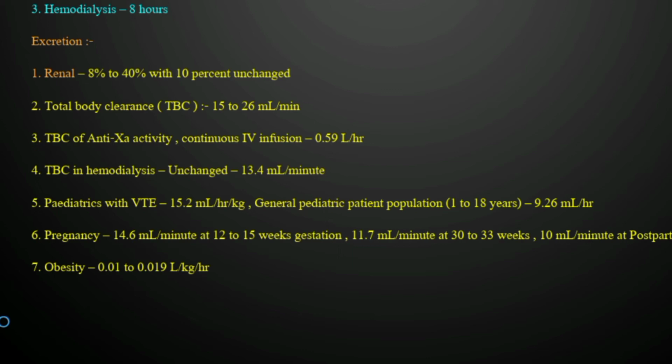And the TBC for anti-10A activity, when given in continuous IV infusion, is 0.59 liter per hour. In hemodialysis, the clearance is 13.4 ml per minute. And in pediatrics with VTE, the clearance rate is 15.2 ml per hour per kg.